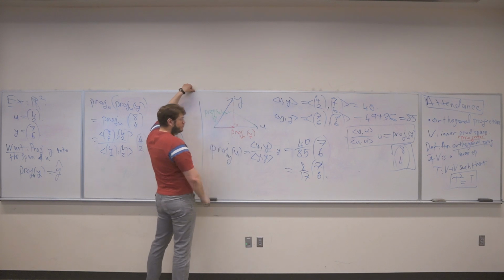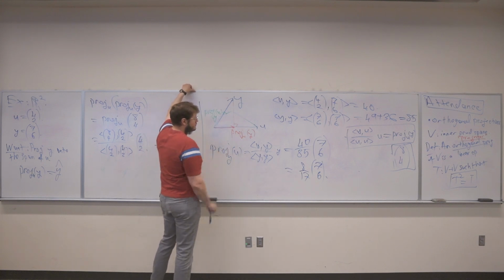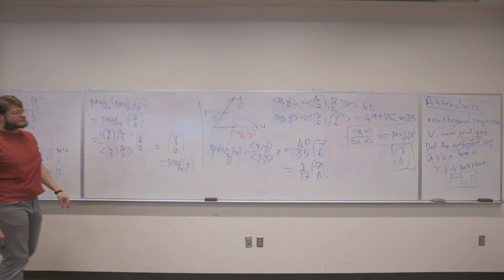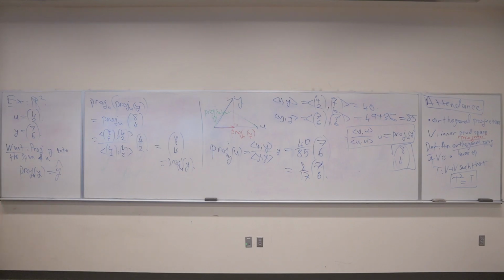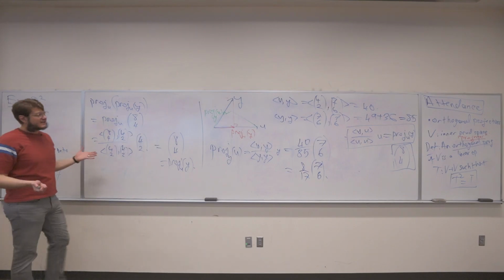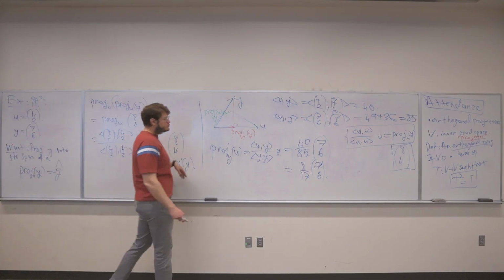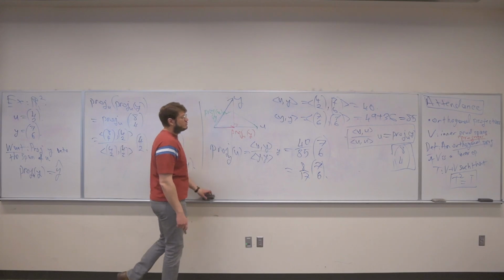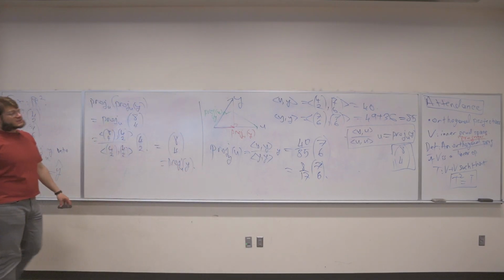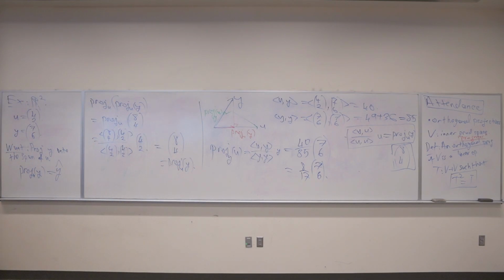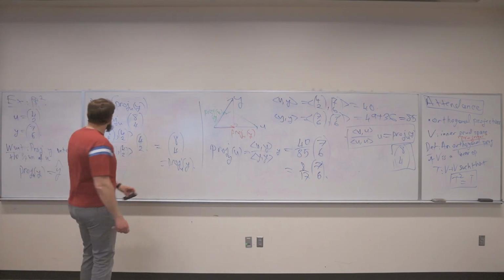But this is also precisely the kernel of projection onto U. In other words, if I have some vector z such that when projected onto U gives you the 0 vector, that's the same thing as saying that z is orthogonal to U. Let's do that here.